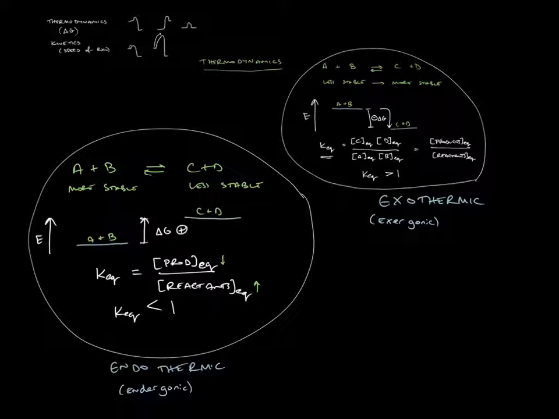Those terms are usually used interchangeably, but technically exothermic means it's giving off heat. Exergonic means it's giving off energy. Endothermic means it's absorbing heat. Endergonic means it's absorbing energy. So if you ever see those terms, just think of them interchangeably pretty much. If you take physical chemistry, you will very much get to know the exact differences, but for our case, it's totally fine.